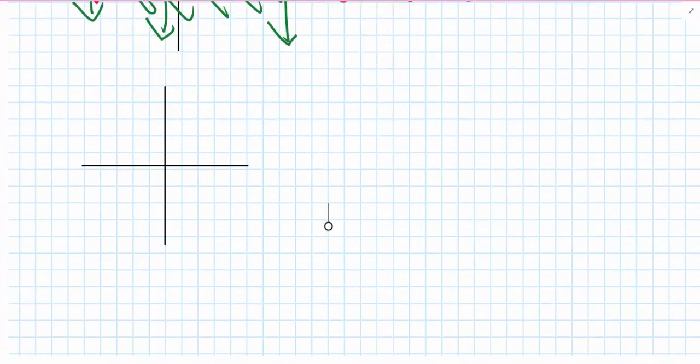This time let's start by sketching y greater than, let's say, -1. So I start by -1, the line y equals -1. But notice I am not drawing a full line, I am drawing a dotted line.